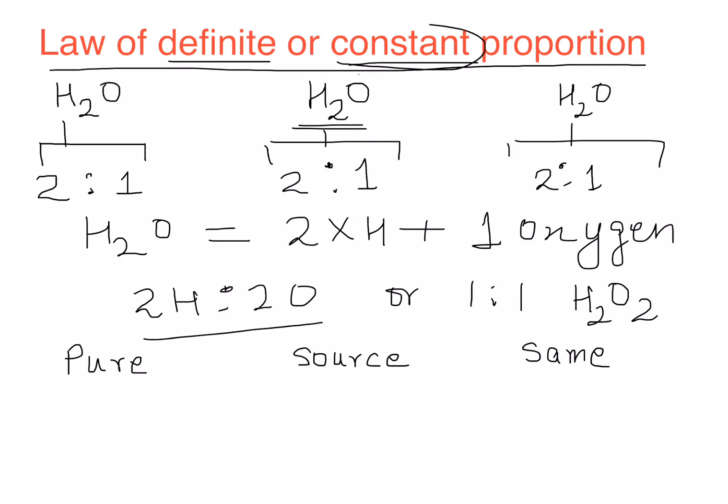That is why the word constant or definite proportion. So if we are talking about water, the ratio of the 2 elements will always be 2:1. Can you please define this law for me and write it in your notebooks? Again, it will become easy for offline reference.